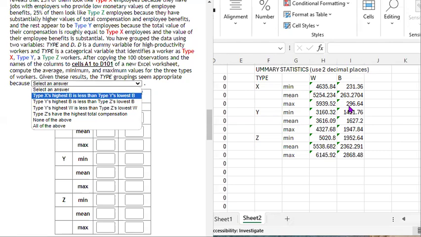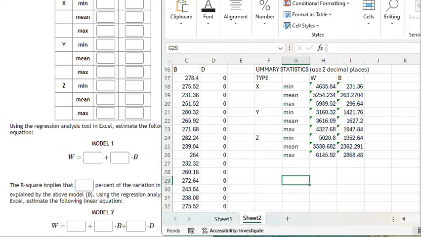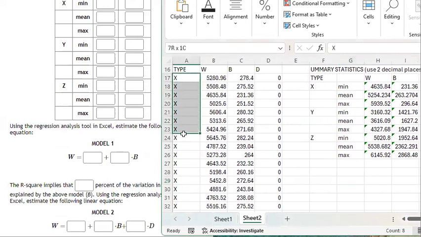Type Y's highest B is less than type Z's lowest B. And type Y's highest W is less than type Z's lowest W. And the type Z's generally have the highest total compensation, right? We checked that when we summed them. So it's all of the above. So these are good. If these designations were guesses, we did a really good job with them, right?